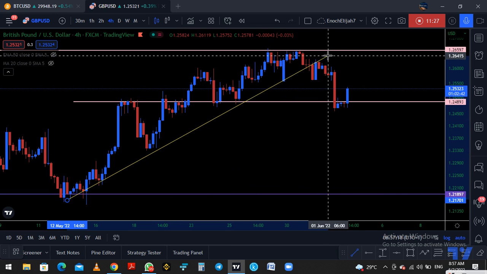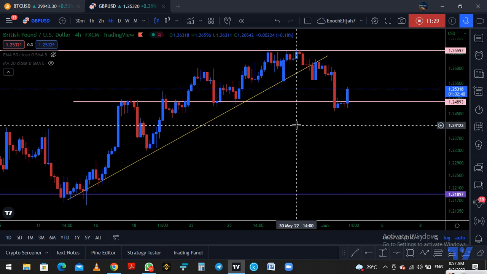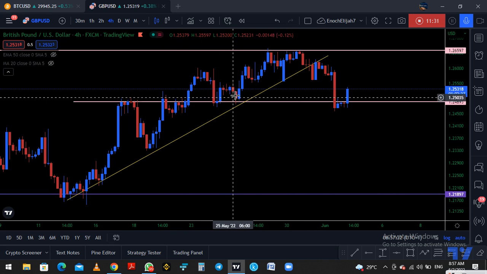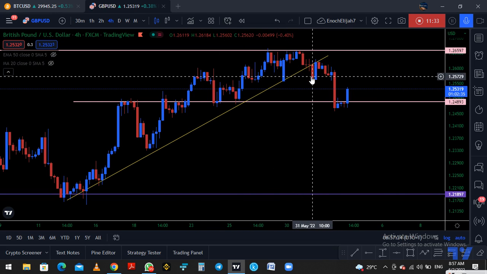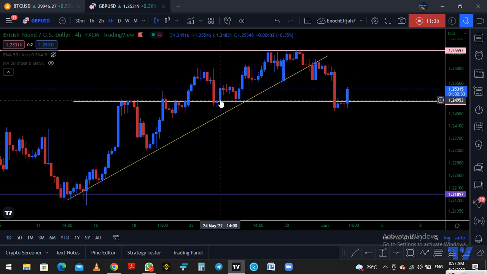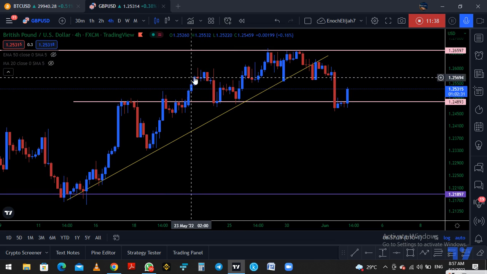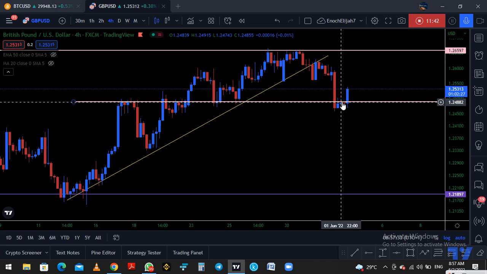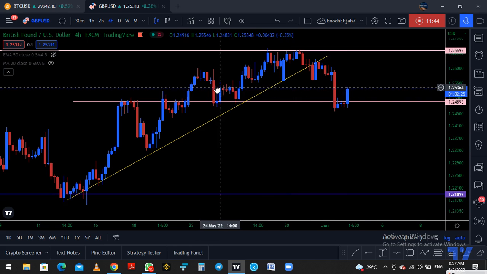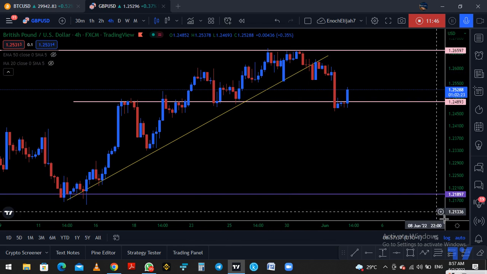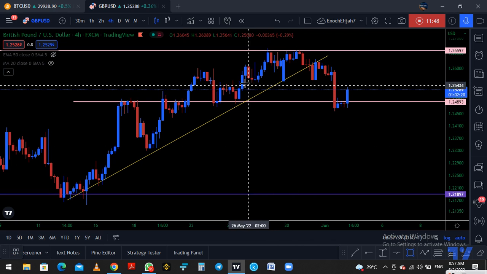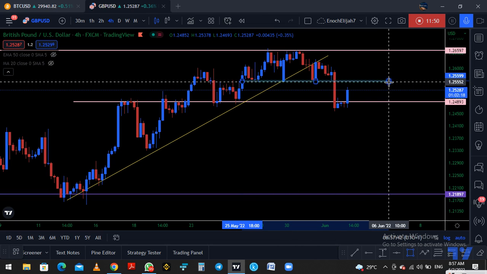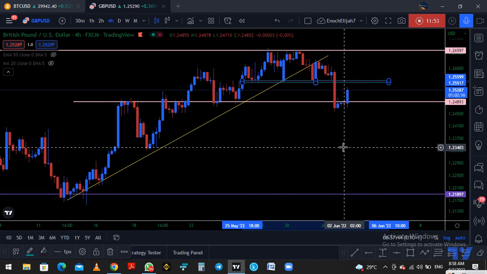Now, the original uptrend, we first had the break of this trend line right there, and price came back to retest this low, but could not break it beyond. Okay, now this minor low was broken, this minor low here, broken by price.